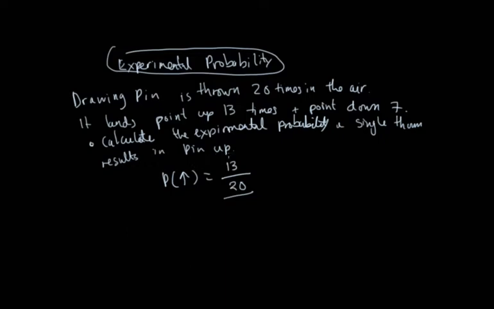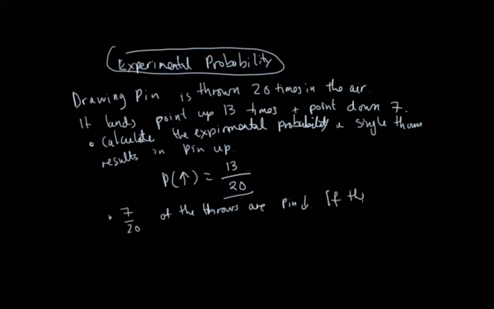Because it's a fraction, if we could simplify it, we would. So 7 out of 20 of the throws are pin down.